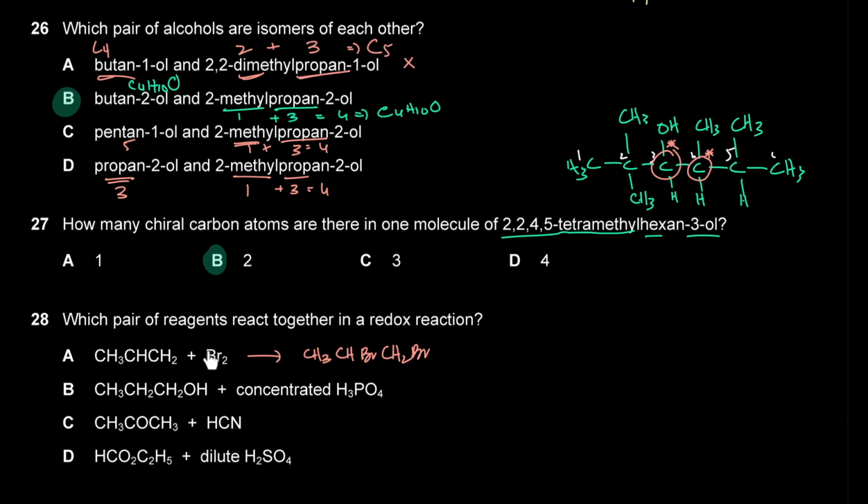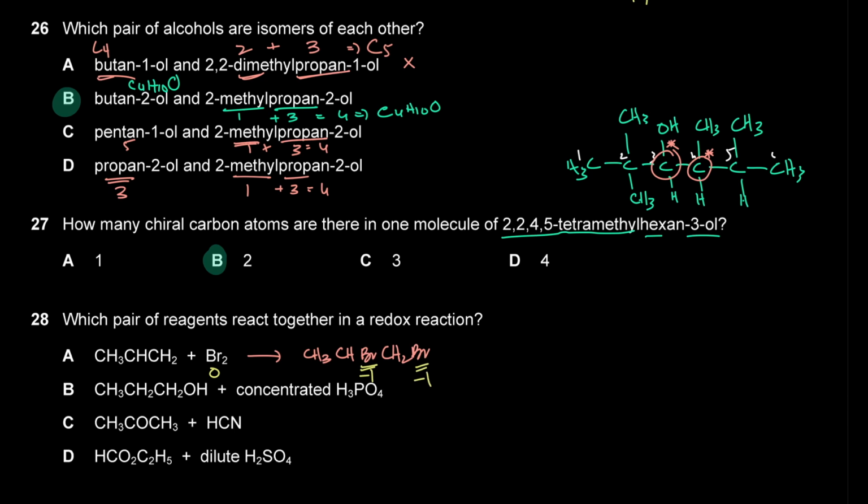Whenever something is converted from the elemental form to a compound, it will always be a redox reaction, right? Because bromine over here has an oxidation number of 0 in the elemental form, and in this form over here, bromine would have an oxidation number of -1, okay?